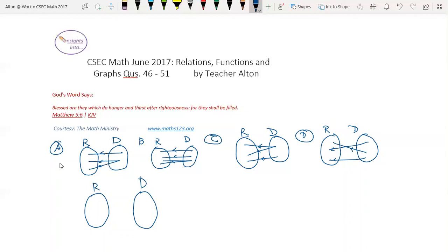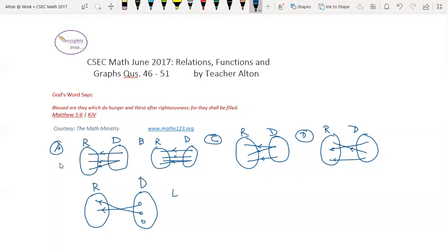What constitutes a function really is that you must only have each of your objects in your domain being mapped onto one and only one element in your range. Let me repeat that.